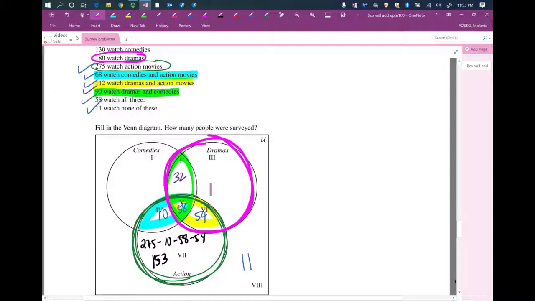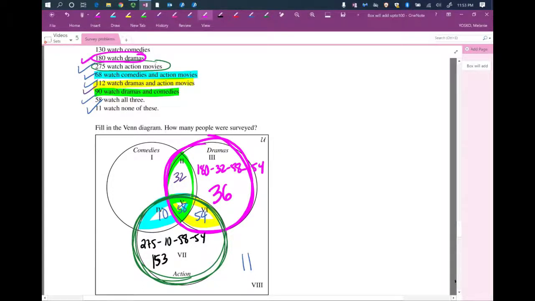So if you're trying to figure out what value goes in this region here, in region 3, you're going to do 180 minus this number, minus this number, minus this number. So I'll actually write it out for you. 180 minus 32 minus 58 minus 54. And looks like that is 36. So 36 people like only dramas.